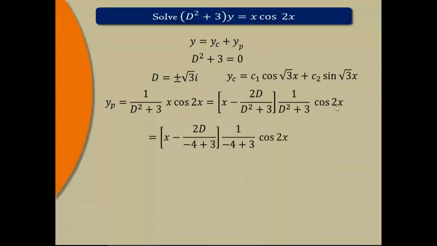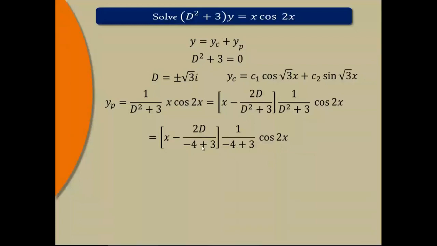So it becomes x minus, keep 2D as it is, replacing D square by minus 2 square, that will be minus 4. I already told you that while substituting, we have to take the square of this with a negative sign. So it is minus of 2 square, that will be minus 4, plus 3 as it is, 1 upon minus 4 plus 3, cos 2x. Minus 4 plus 3 is minus 1.